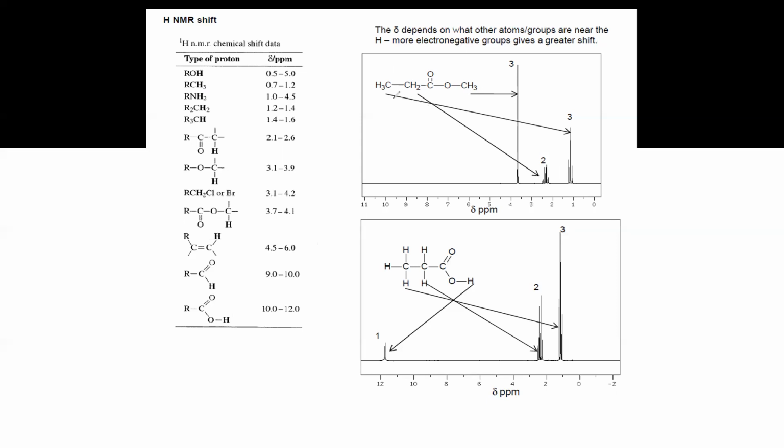Then what about the position? This CH3 is from 0.7 to 1.2. Then CH2, because it is C double bonded with O and CH2 is there, that is from 2.1 to 2.6. So 2.1 to 2.6, you will get that peak.